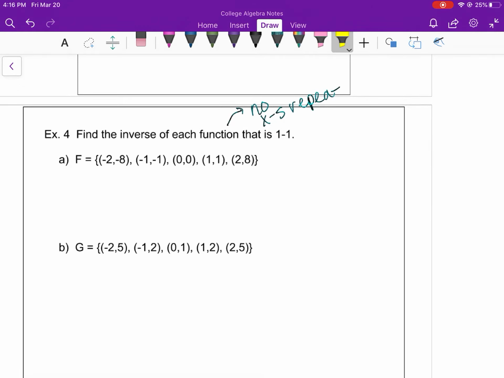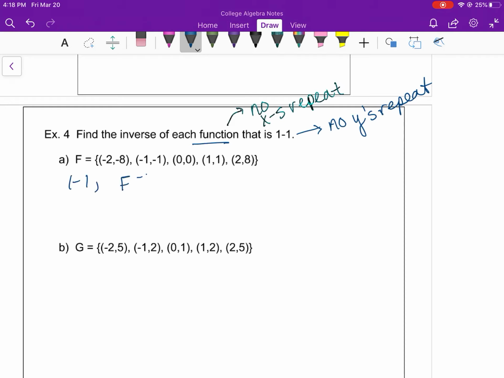And for one-to-one, that means no y's repeat either. All right. So what we're going to do is we're going to look at each set here. I know it's a function, it says so. I'm looking for repeating y's, and I don't see any repeating y's. So this one has an inverse, so it's one-to-one.